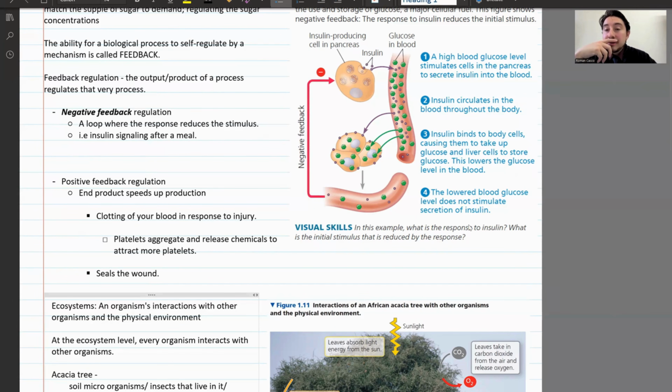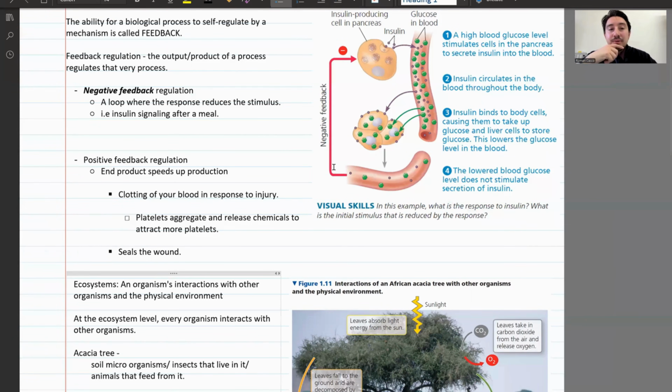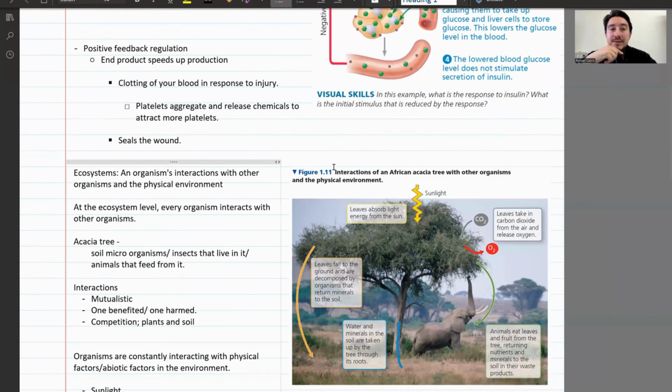That lowered glucose concentration does not stimulate insulin production because there's not that much. So insulin will help regulate its own stimulus. Negative feedback mechanisms.